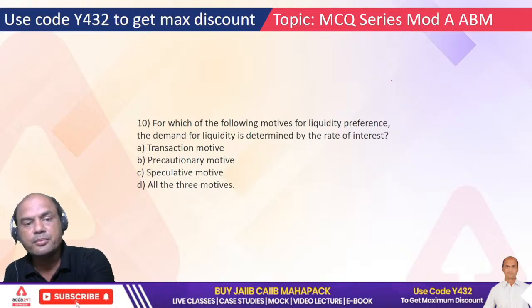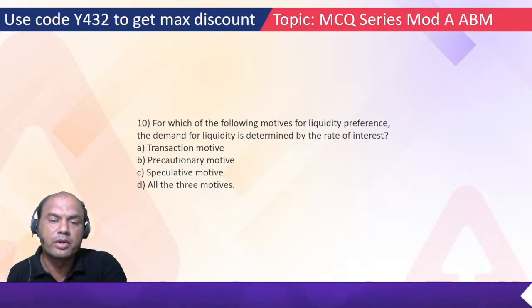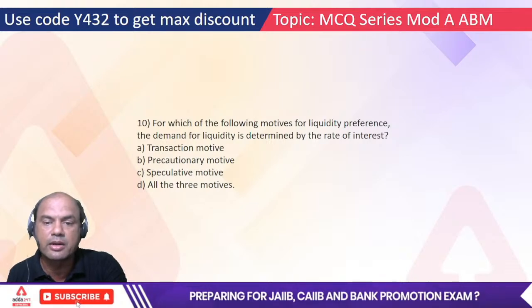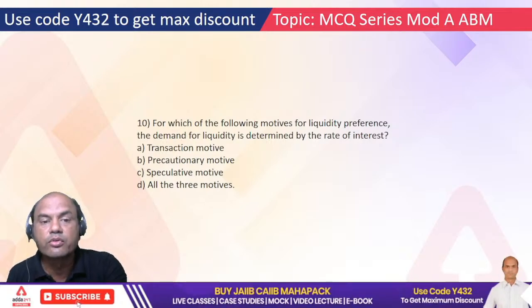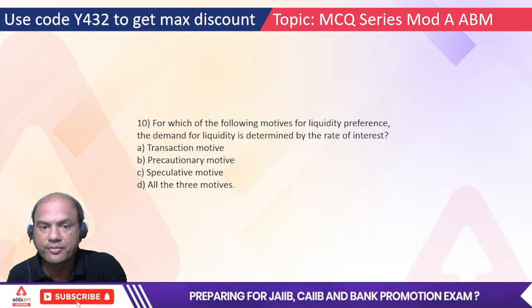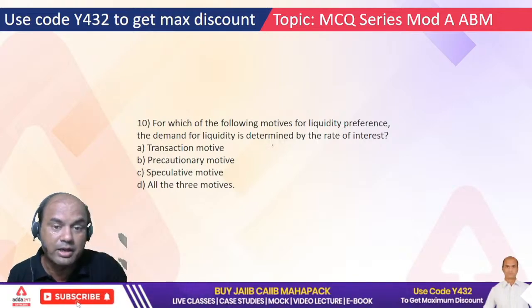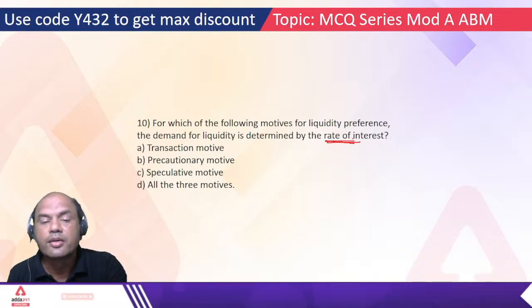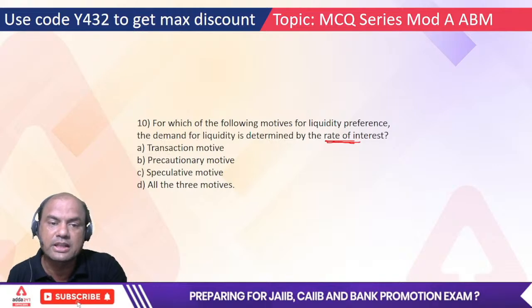For which of the following motives for liquidity preference is the demand for liquidity determined by the rate of interest? Transaction motive, precautionary motive, speculative motive, or all of the three. Always remember, it's given by Keynes.